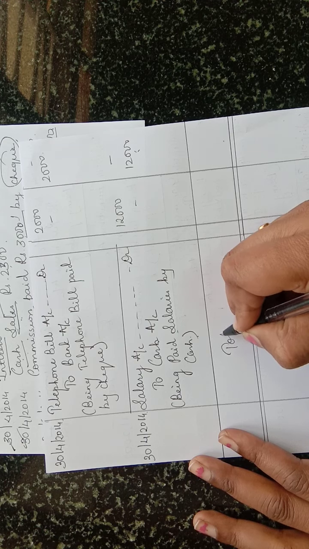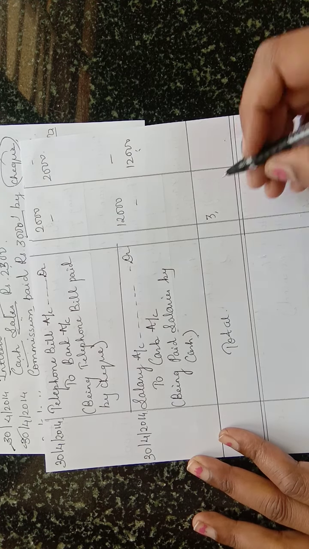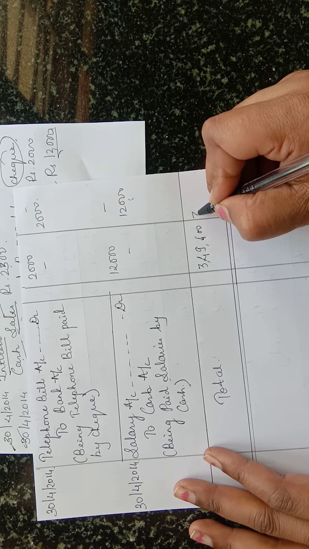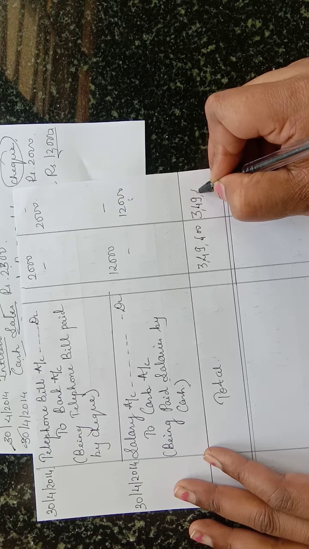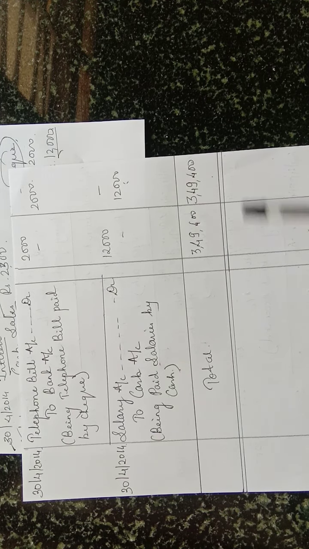So total all this. So it comes to near about total 3,49,400. So this side also it must come equal. You have to see both the column totals. Okay, if totals are wrong, then you have made the mistake.